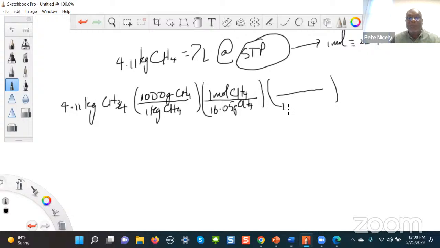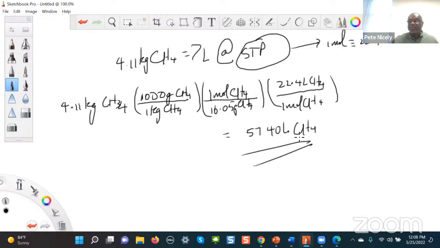So here I'm going to put 1 mole of CH4 below and 22.4 liters of CH4 above. And then do the number crunching. So 4.11 times 1,000 divided by 16.05 times 22.4. And according to my calculations, this works out to be equal to 5,740 liters of methane. And that's basically how that is done.